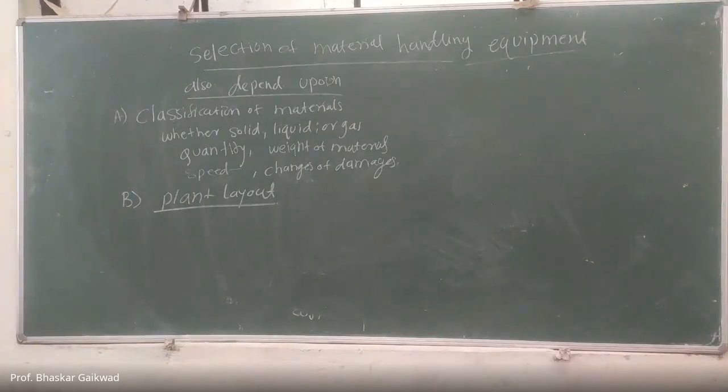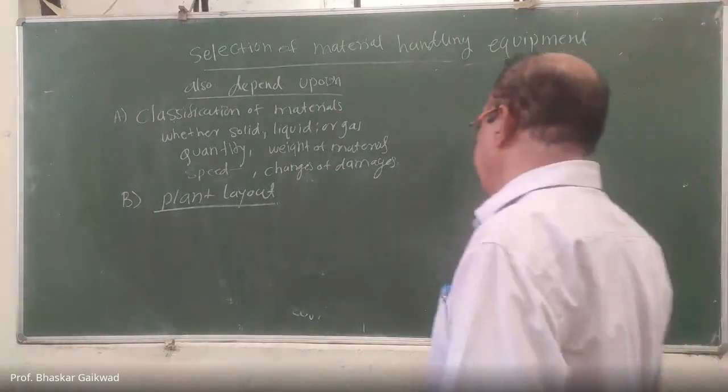So depending on which is feasible for us, those things you have to consider while selecting the material handling equipment. Apart from that, distance to be traveled, that is small or fixed distance or long distance, it may be horizontal or vertical. So under this plant layout, the types of layout we have to consider.